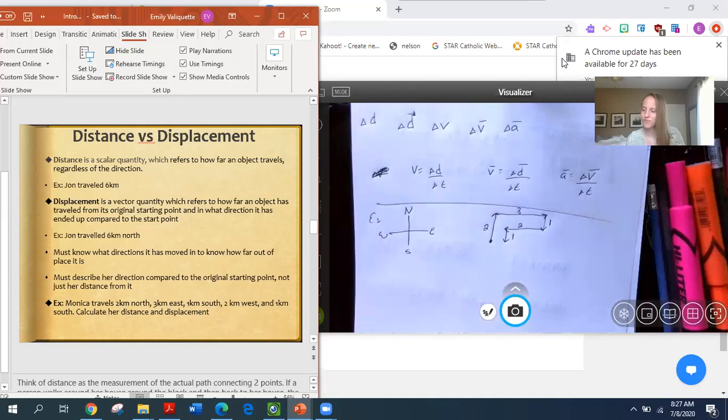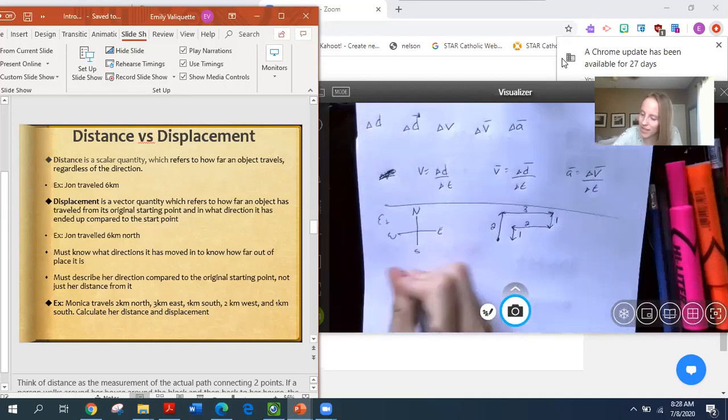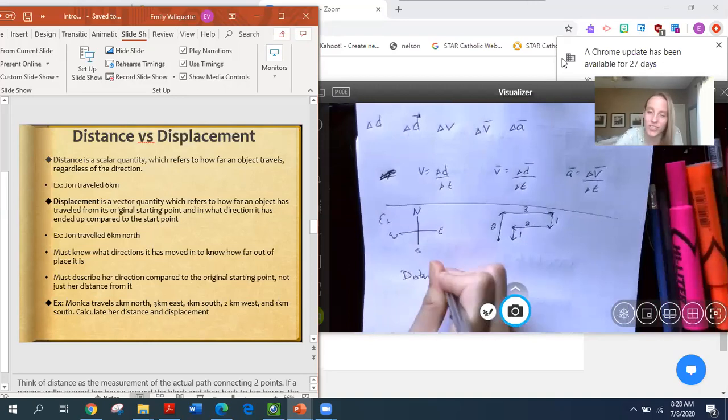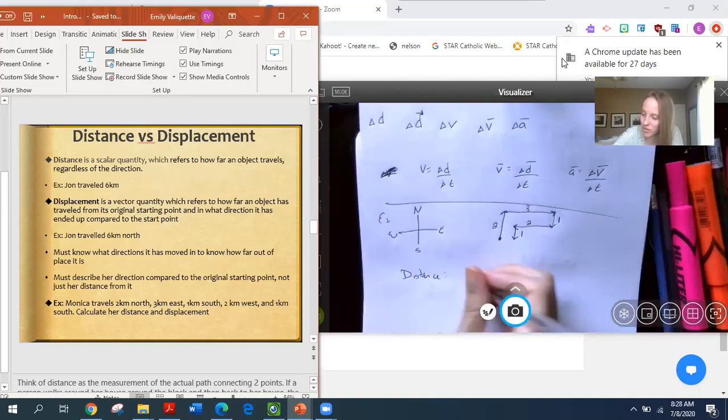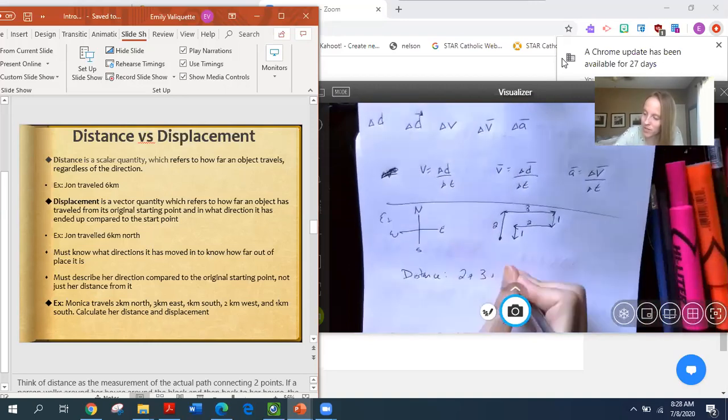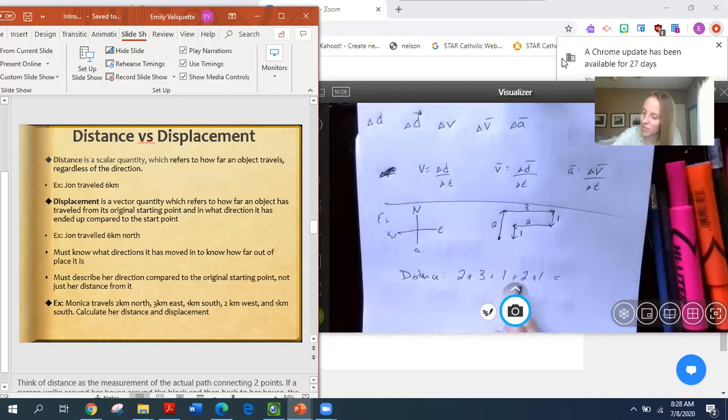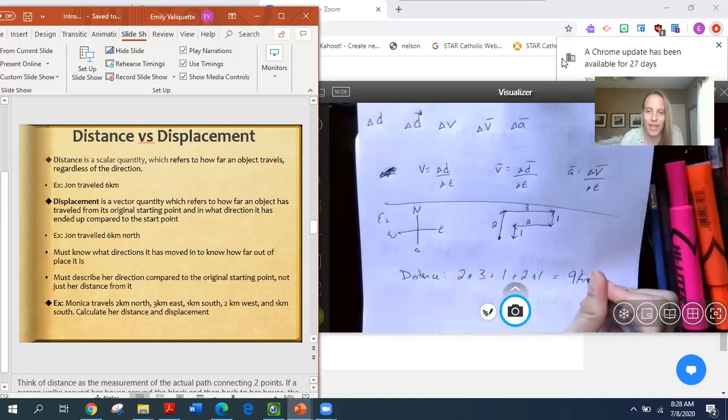And the reason for that is that if I am finding her distance, the direction of these doesn't matter. In order to calculate the distance, I just add up all of these numbers. So 2 plus 3 plus 1 plus 2 plus 1: 5, 6, 7, 8, 9 kilometers is her distance.